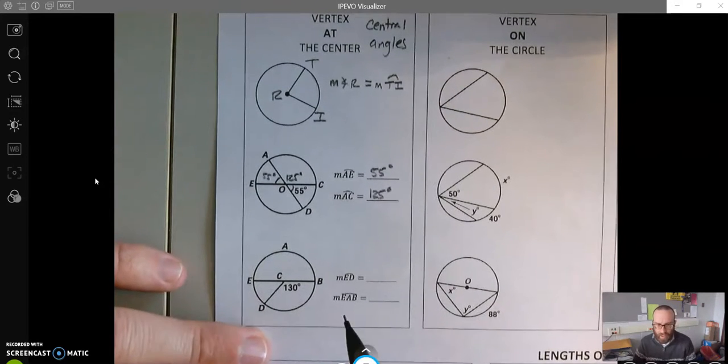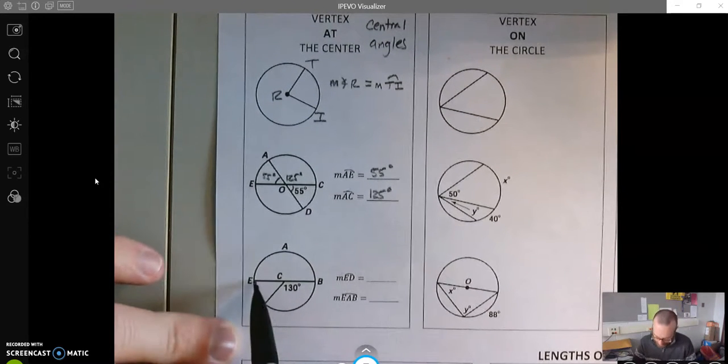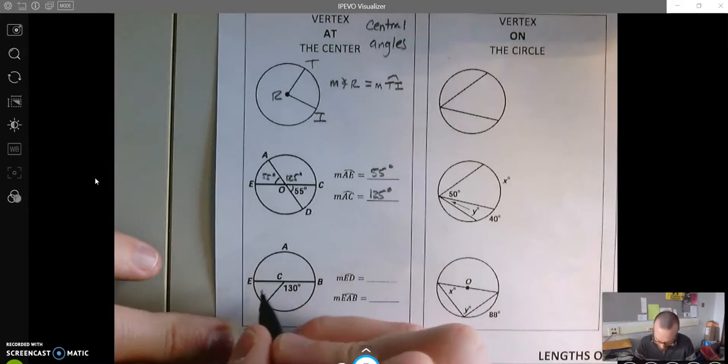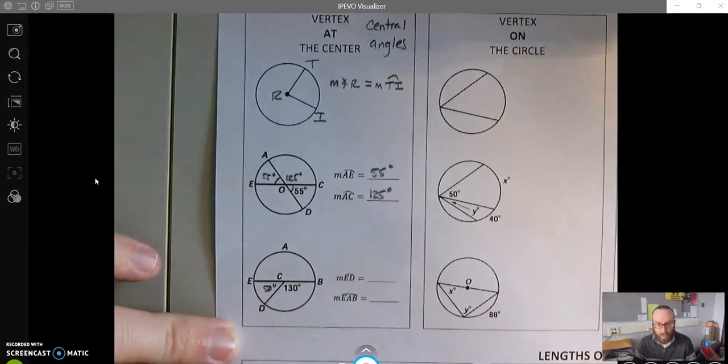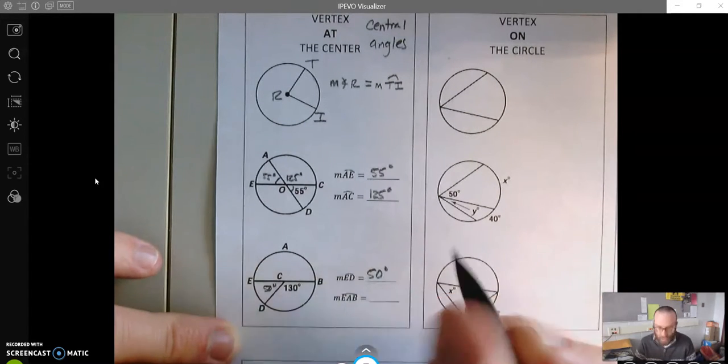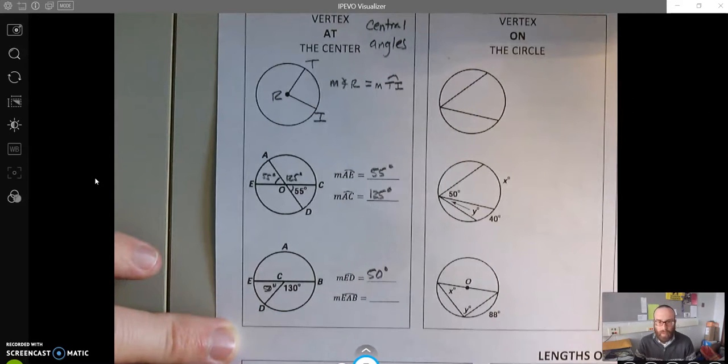Down here, I know that this straight line is going to add up to 180, these two angles. So if this is 130, this angle is going to be 50, which means that arc ED is also 50. Now, arc EAB, sometimes we use three letters because there are multiple ways to get from E to B. I could go this way around the circle or this way around the circle.